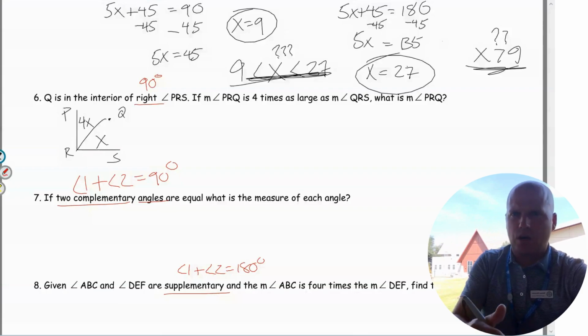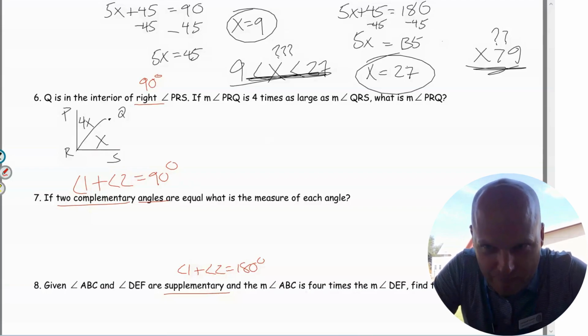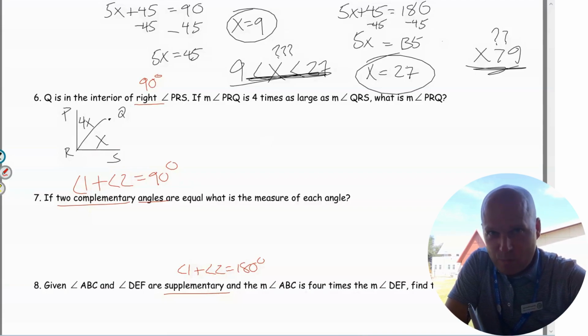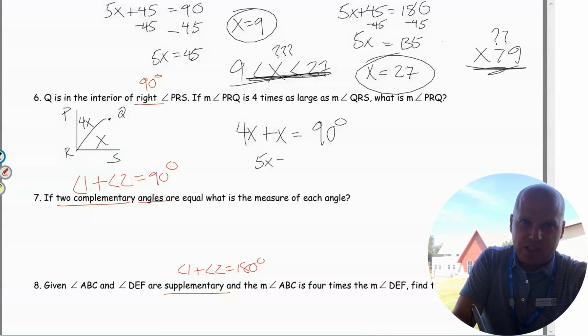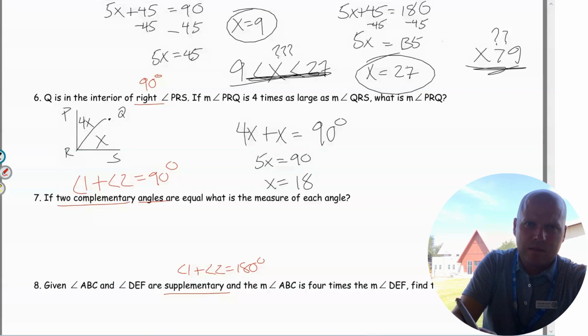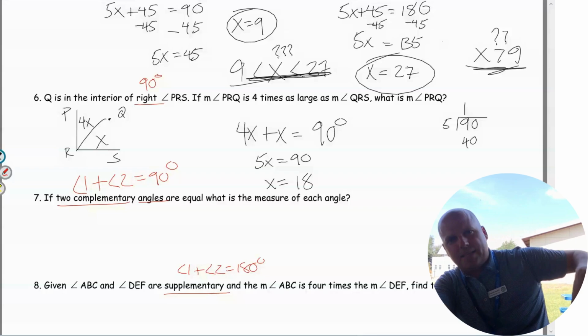What is PRQ? Well, try to set up and solve an equation. What do you get? A lot of you are probably thinking I've got to multiply here, but really it's 4x plus x has to equal 90 degrees. 5 x's have to equal 90 degrees. x has to equal, what is that? 18? 90 divided by 5. If you have a calculator, great. I don't. 18?